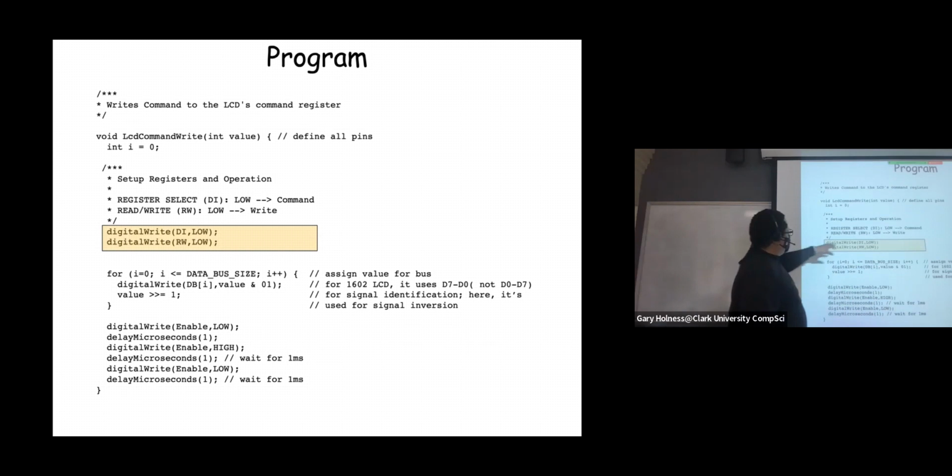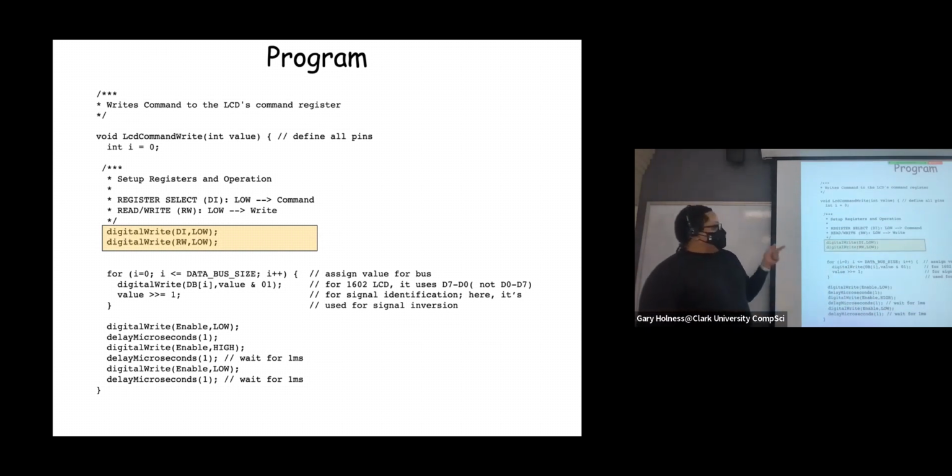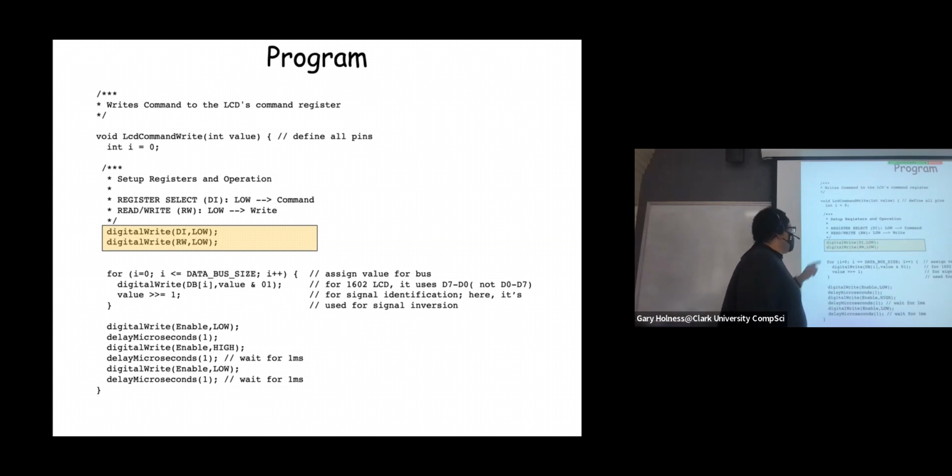And so I'm not going to talk about the pins, but we're just going to say, take a command, right? Set it to be a command, because this is going to be writing something to the LCD screen. And then you also want to make sure it's a write operation. So these two together, the register select and the read write, is establishing what you want to do on the device. Question?